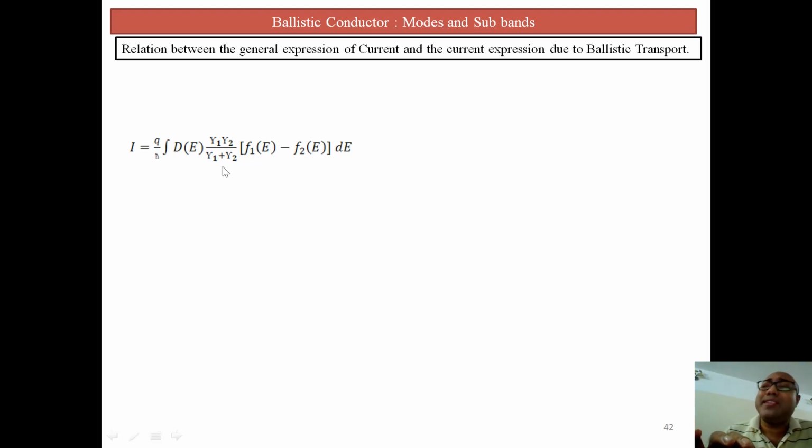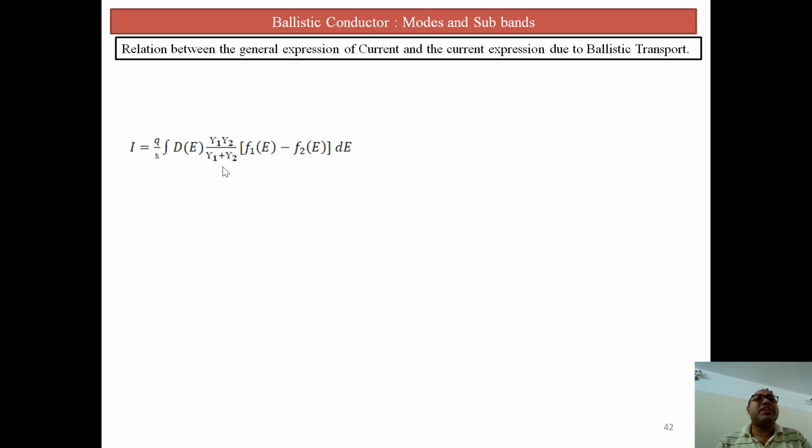Why not apply these things? As I told you, it is absolutely okay. You can apply this formula also, no harm. But the thing is that if you know it is a ballistic conductor, like if you know it's a 15 nanometer technology, or it is down to very, very short dimensions, you can quickly think that such a small-dimension material should obey something very close to an ideal ballistic conductor.